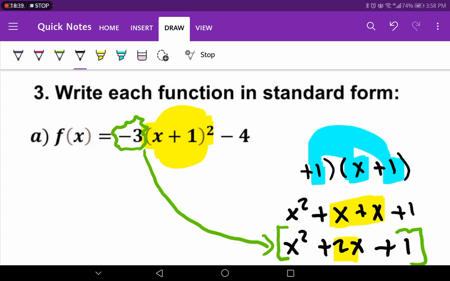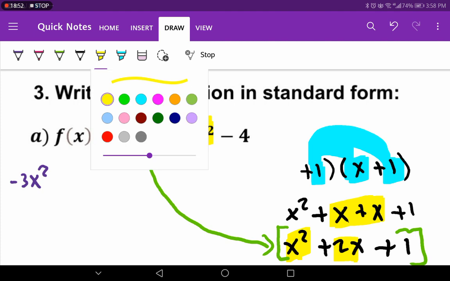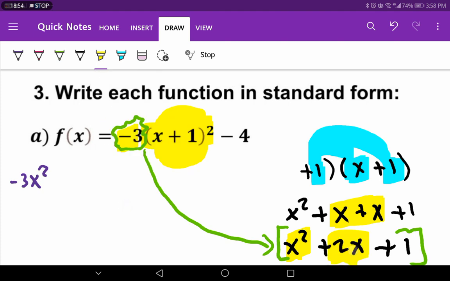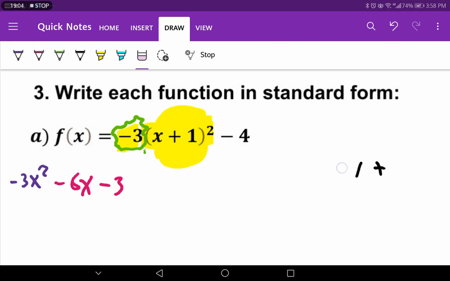Multiply the -3 by all the terms. -3 multiply x squared equals -3x squared. We finish this. Now we move here. It gives -6x, -3.